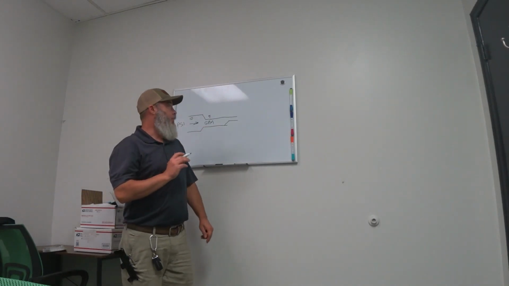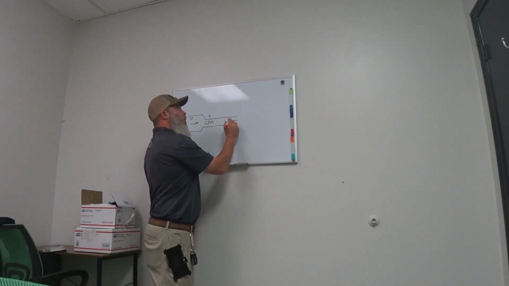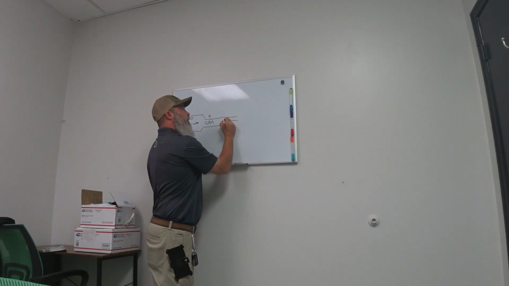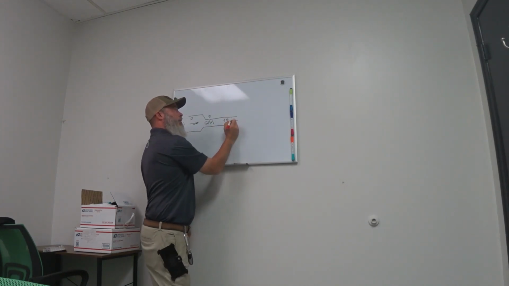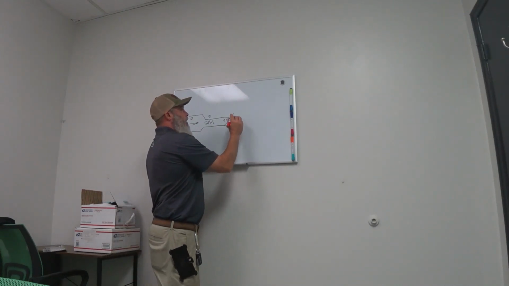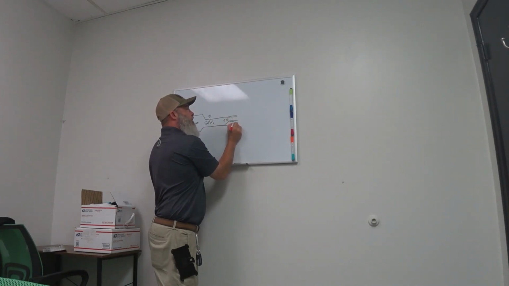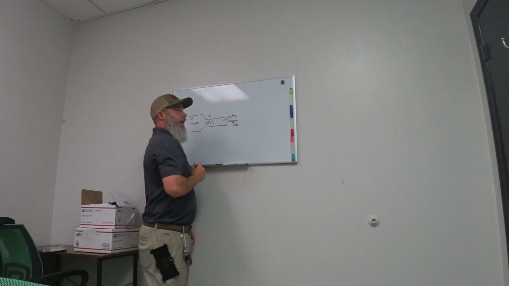So let's just say this is 1/2 inch inside diameter, right here, from here to here. And whatever type of pipe that you have, from here to here is going to be your outside diameter.